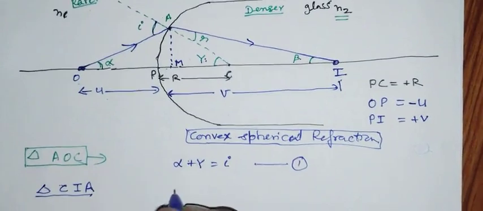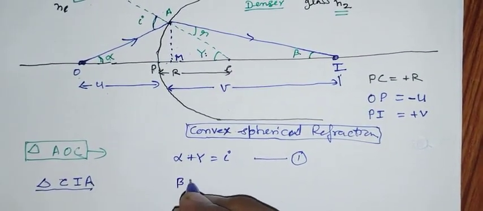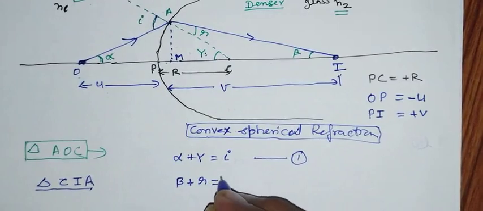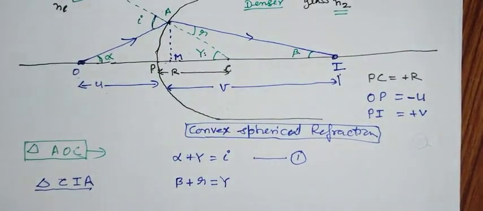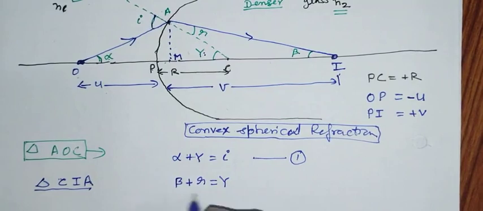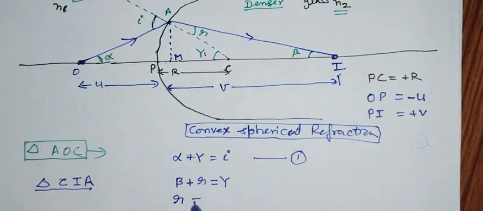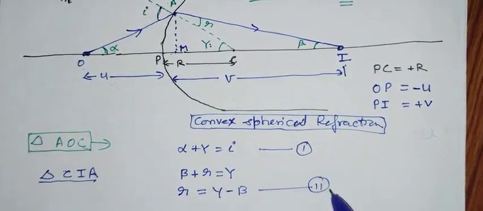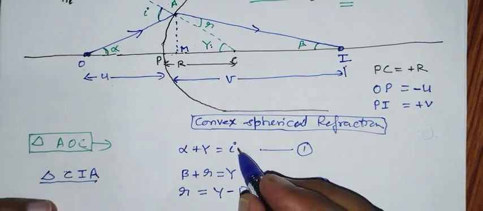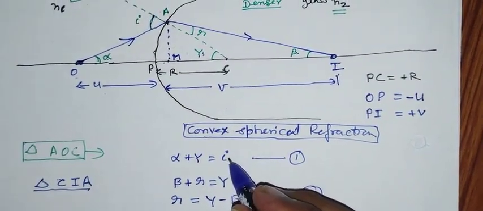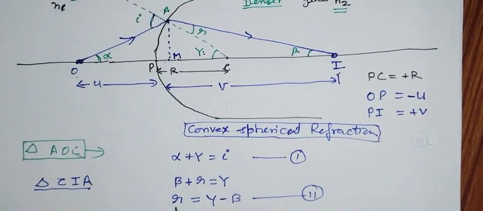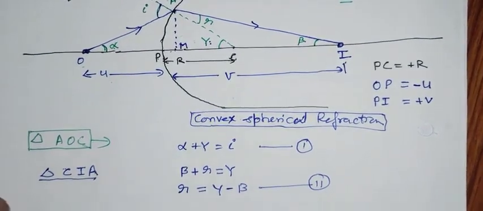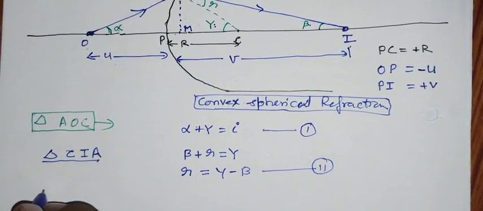So one may write interior angles beta plus r is equal to gamma. And by this equation we can solve for r. This implies that r is equal to gamma minus beta, transferring beta to the right hand side. So in equations 1 and 2, we have obtained the value of the angle of incidence i and the angle of refraction r. Now it is time to see Snell's law.